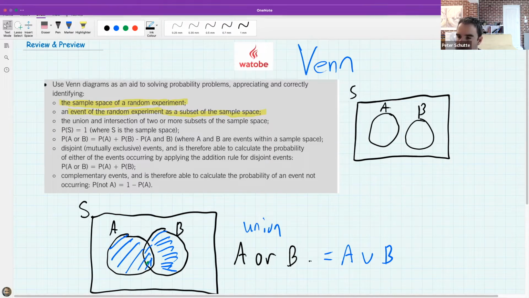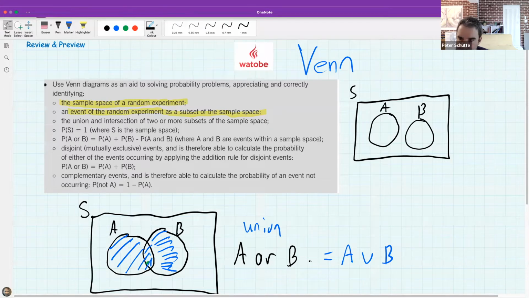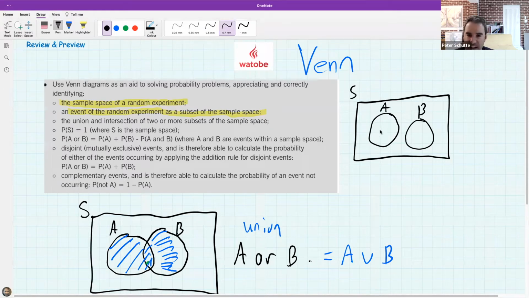Tanda, let's go to you. Is it not mutually exclusive? Yes. So the events A and B, perfect, Tanda. We say the events are mutually exclusive because they have an empty intersection. They don't intersect.